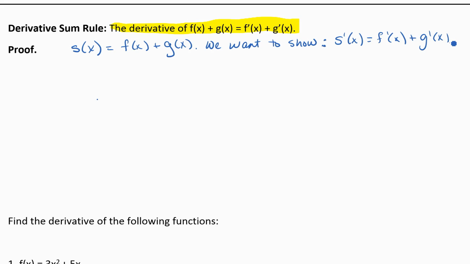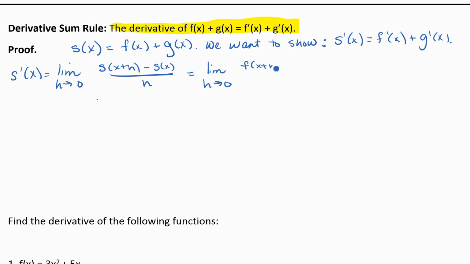Okay, so we know that the rule is that s prime of x is equal to the limit as h goes to 0 of s of x plus h minus s of x all over h. So filling this in, we've got the limit as h goes to 0. S of x plus h is going to be f of x plus h plus g of x plus h minus s of x, so that'll be f of x plus g of x all over h.